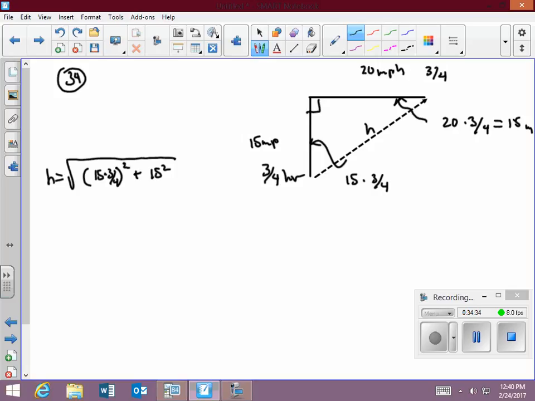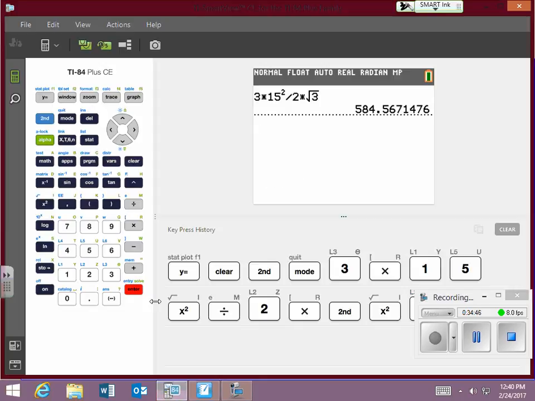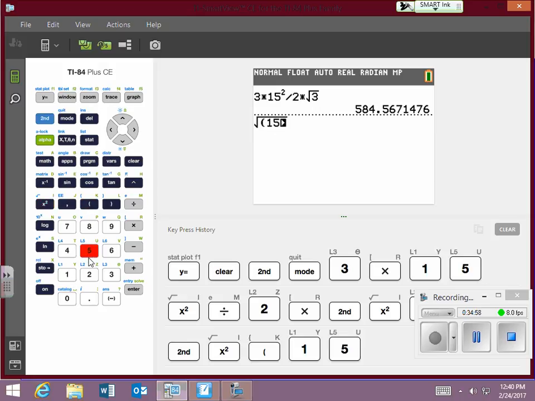And then you just put it in your calculator, right? What'd you get for that? Or do you want me to put it in there? Second, square root, bracket. And .75 will be the same as 3/4, right? And it's going to be accurate.